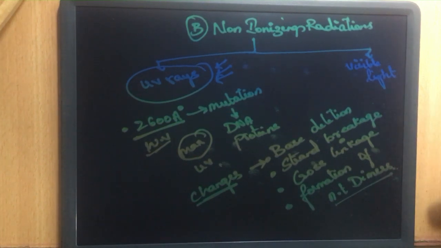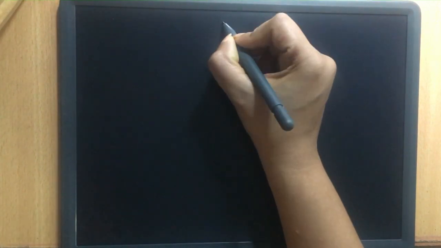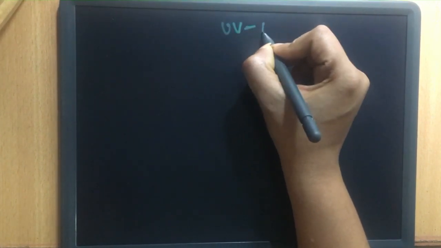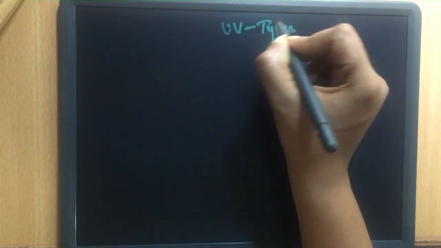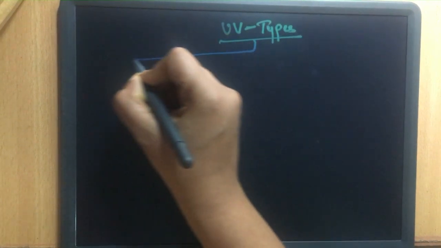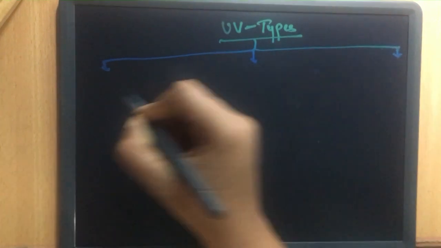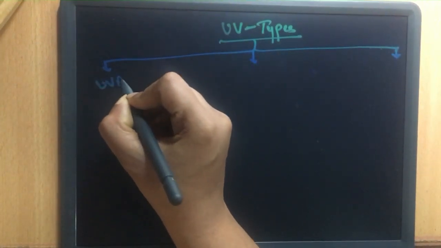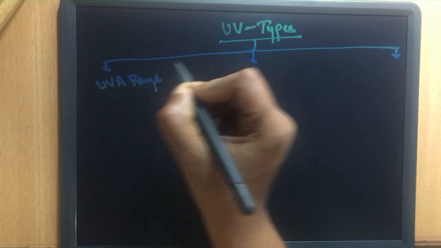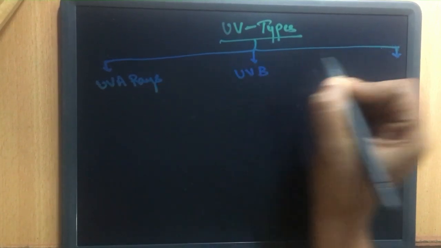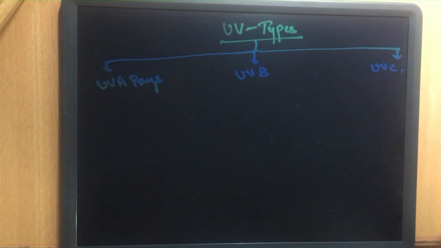Okay, now let's look into the different types of UV rays. So based on wavelength, UV is classified into three types, that is UVA rays, UVB rays, and UVC rays.